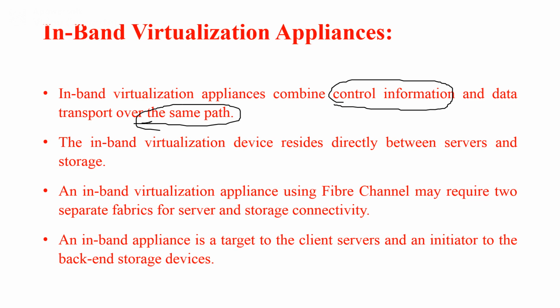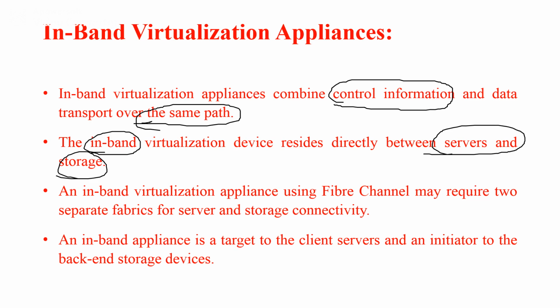The in-band virtualization device resides directly between the server and the storage. Out-of-band virtualization can be attached to the storage or storage network, but in-band virtualization appliance will be placed between the server and the storage.